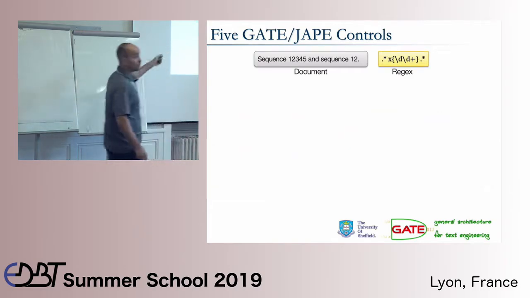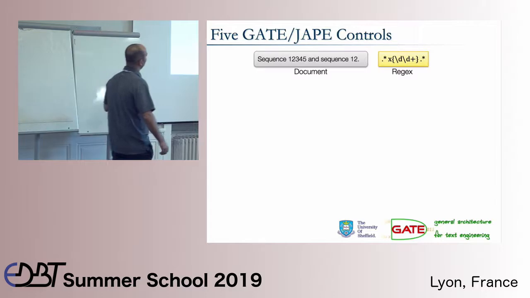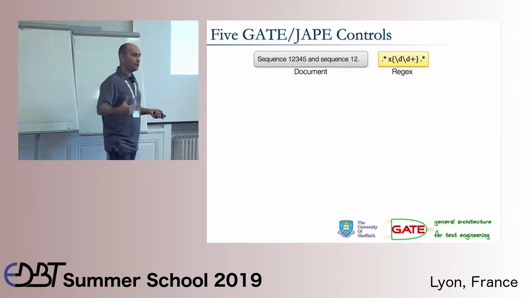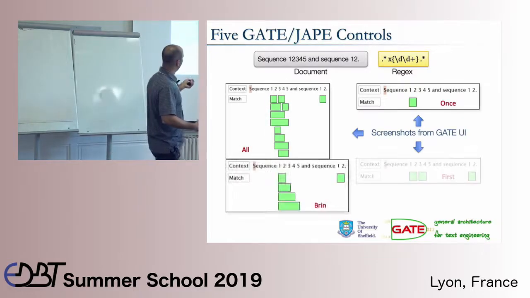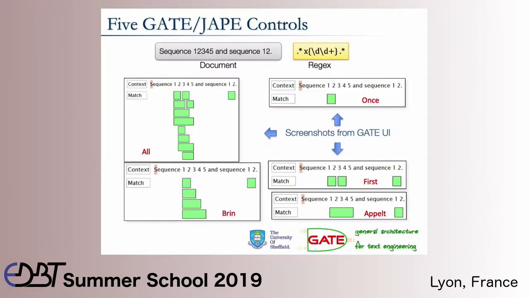In the GATE system, they've been providing developers with a collection of these conflict resolution or cleaning operators. So you can define what is the semantics that you want to use for the cleaning.